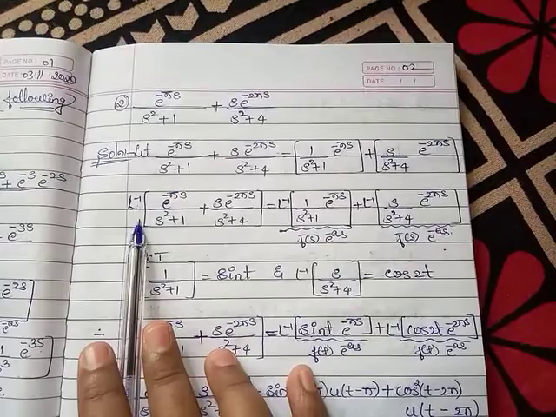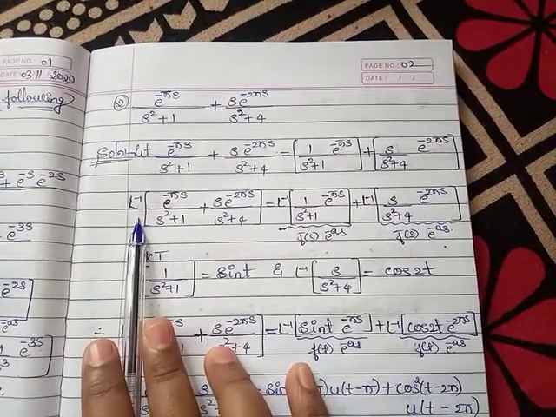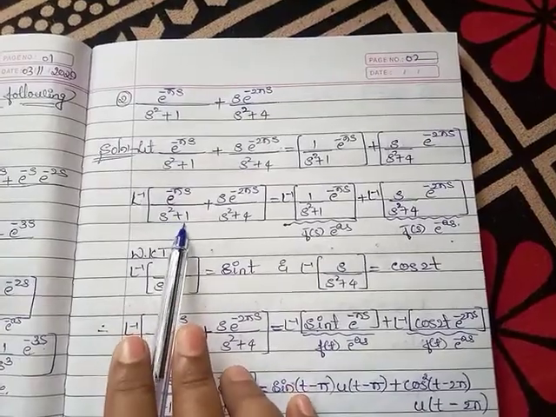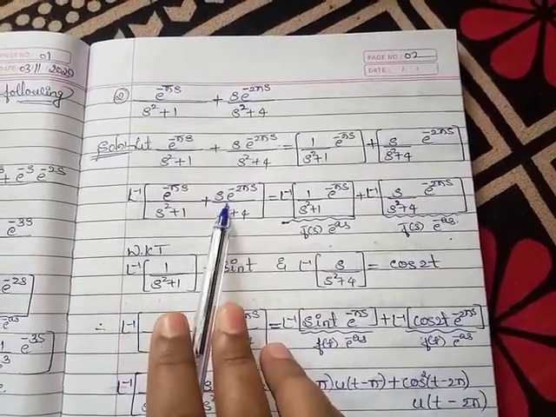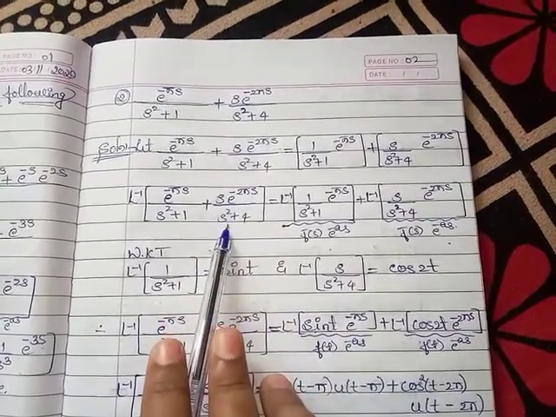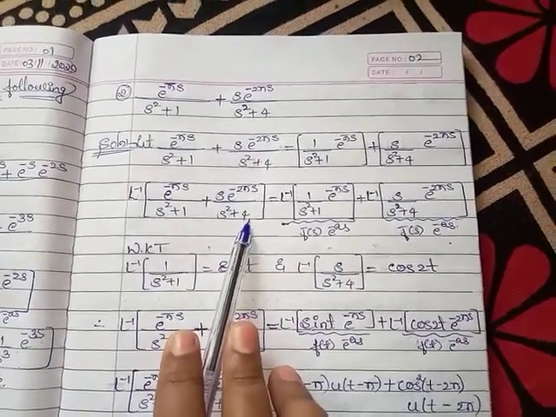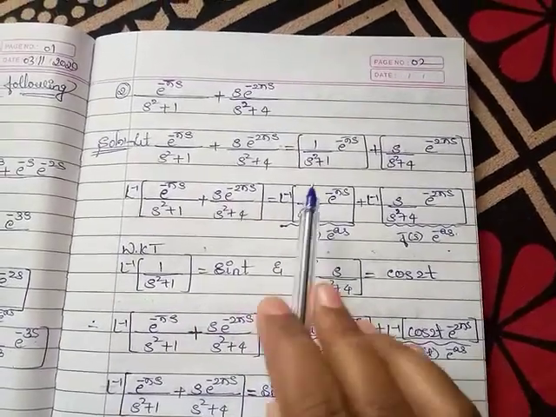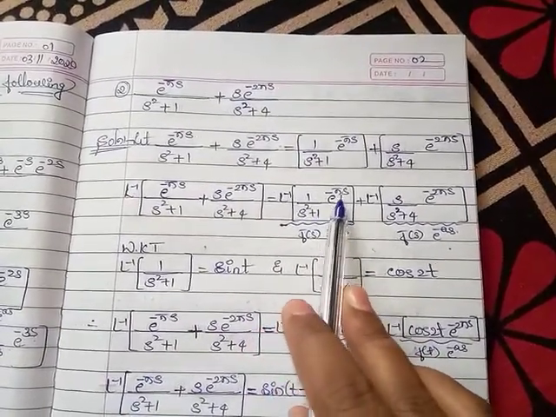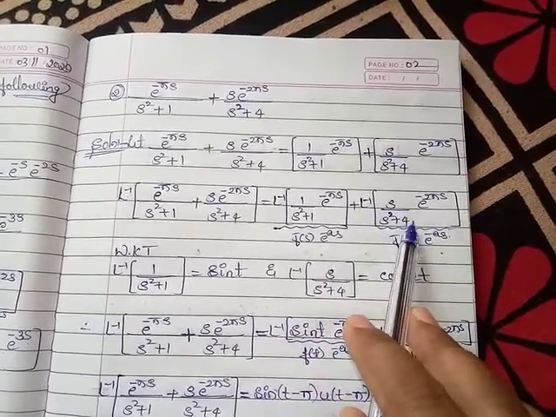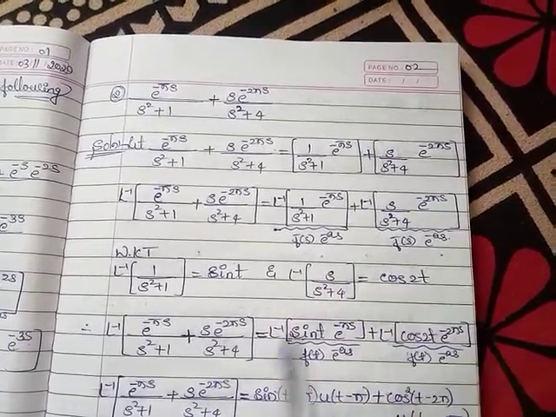Then I am applying L inverse to this one: L inverse of e raised to minus pi s divided by s square plus 1, plus s into e raised to minus 2 pi s divided by s square plus 4, which is equal to, for the first term, L inverse of 1 divided by s square plus 1 into e raised to minus pi s, plus L inverse of s by s square plus 4 into e raised to minus 2 pi s.